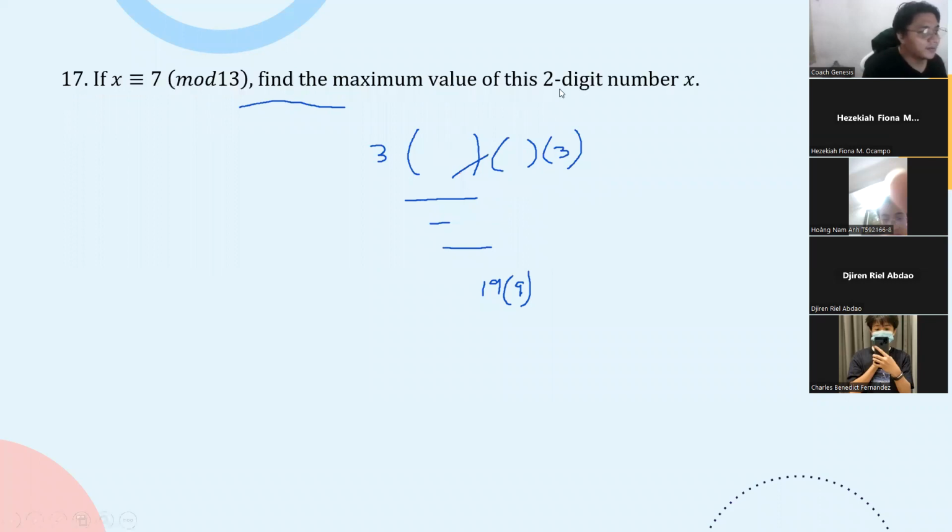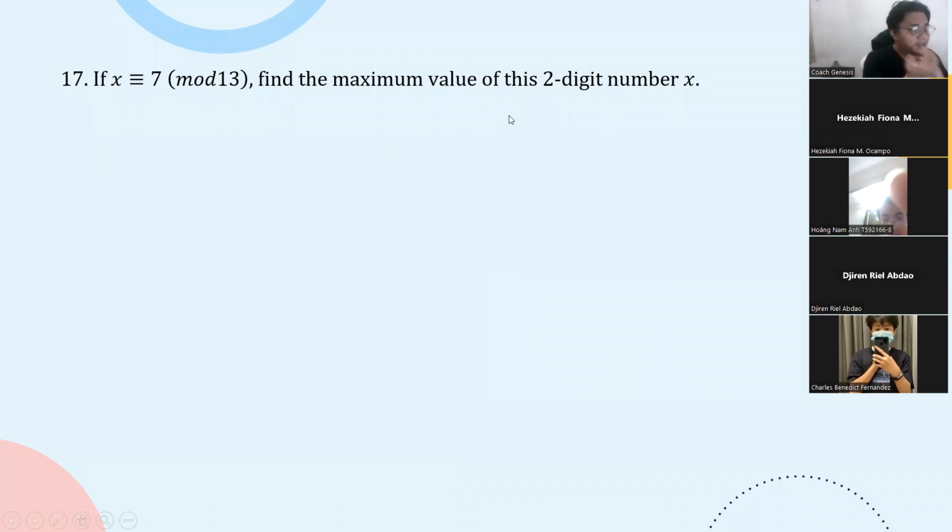Okay, so for number 17, what is modulo? Modulo is an operation that tackles more on the remainders and divisors rather than the quotient. So let's say I have x is congruent to 2 modulo 3.